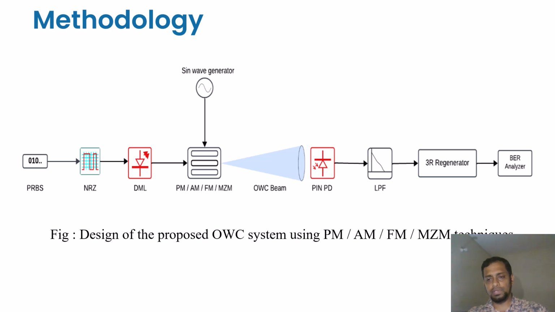This photodiode received the optical signal and converted it into the electric signal. After that, we use a low pass filter to filter out the noise or unwanted signal. Then we use a 3R regenerator to regenerate or reshape the signal. And finally, we measure the signal quality using a BER analyzer.